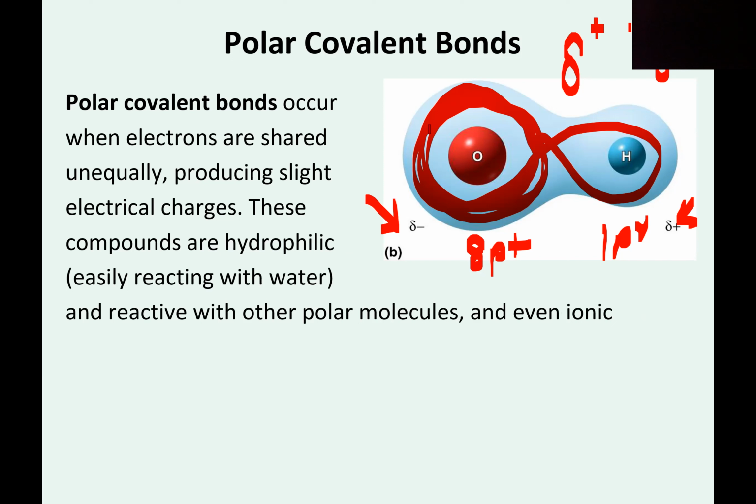They react with other polar molecules, which is water. They even react with ionic compounds. In a couple of slides, we'll see the difference between a full charge and a slight charge. So with polar covalent bonds, they have a problem sharing, but they play with water.